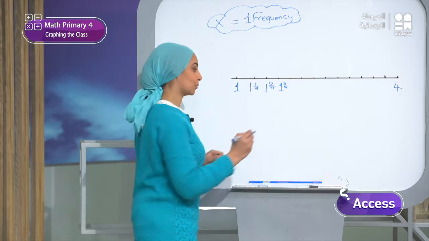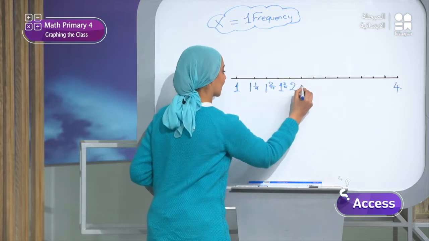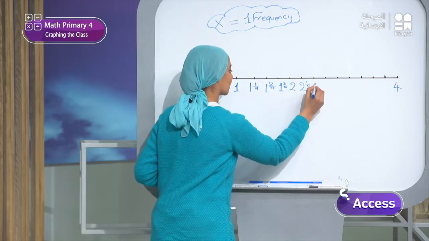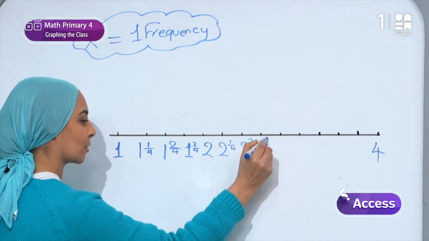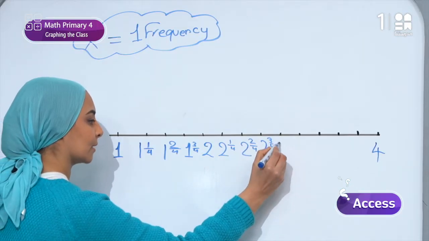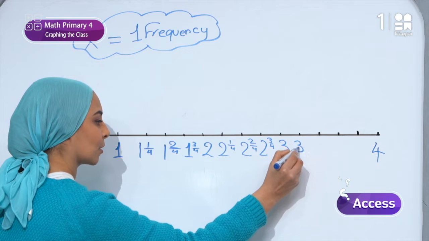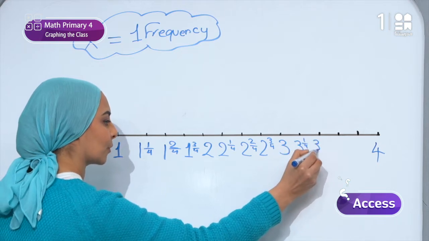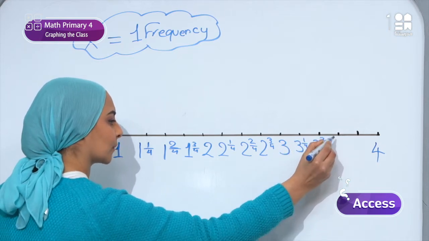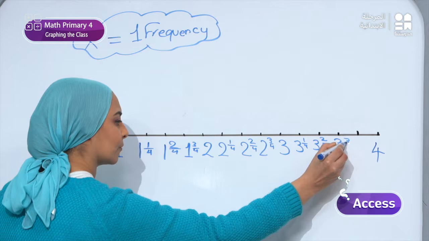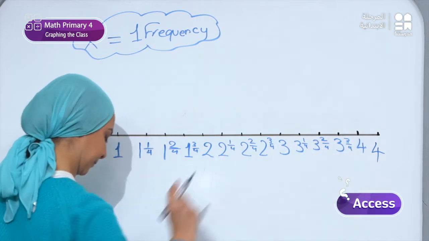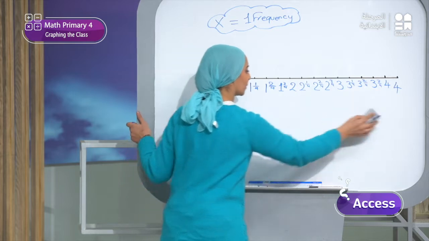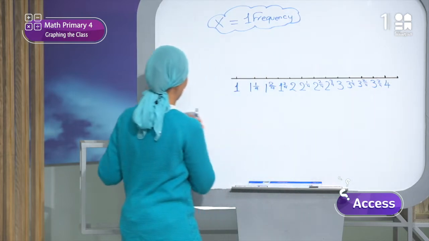Then 2, and 2 and 1/4, 2 and 2/4, 2 and 3/4, and 3, 3 and 1/4, 3 and 2/4, 3 and 3/4, and then 4. So I write 4 here. And this will be the last number I have in the line plot.